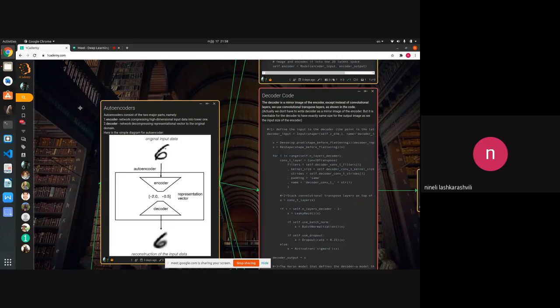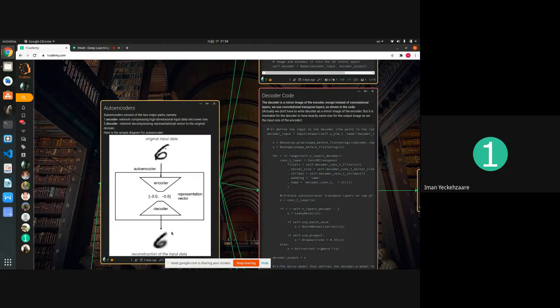I don't get exactly what you mean. Similar output? Do you mean representational? My quick question here is, can you explain a little bit about the dimensions of the input image and output image?